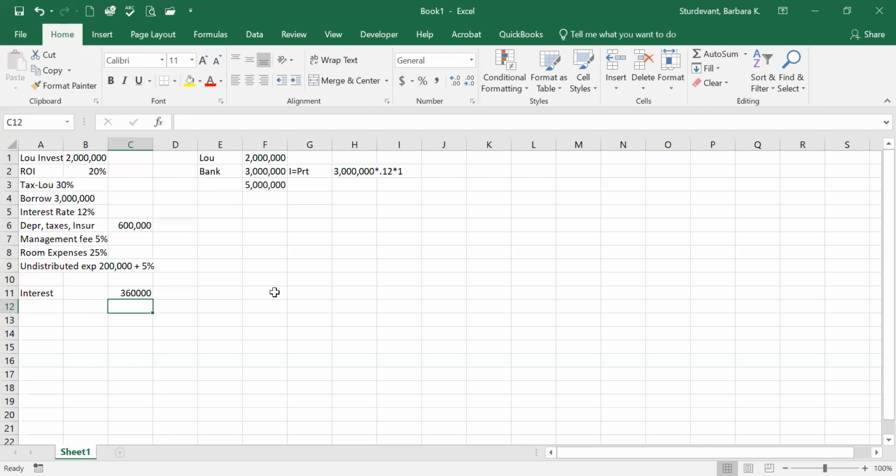Now, the owner's a little harder. The owner wants a return of 20% on his money, but that 20% has to be after tax. And that's why you have his tax rate. So we're going to go with Lou. He wants 2 million times 20%.